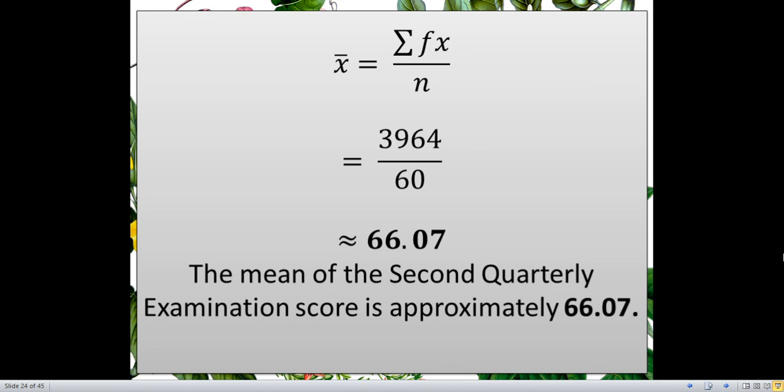So we need to divide that. So we have 66.07. As you can see, it is not an equal sign. This is a symbol for approximation, meaning nearly that score. So the mean of the second quarterly examination score is approximately 66.07.